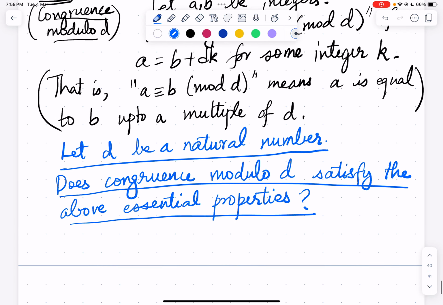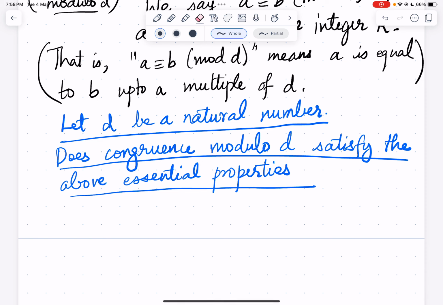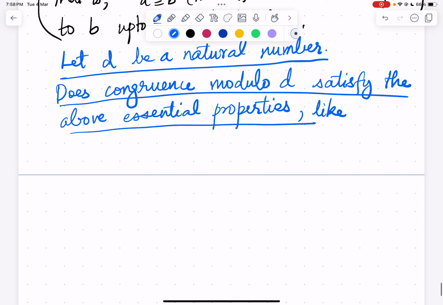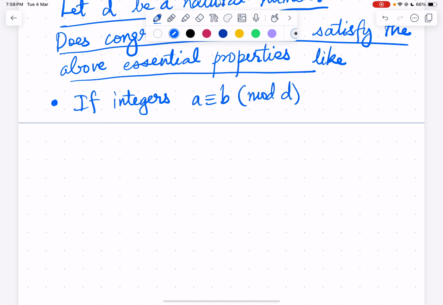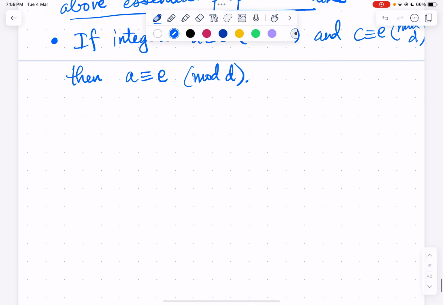So the essential properties I will state again. If integers, we want to be able to take chains of congruences: if a is congruent to b mod d and b is congruent to c mod d, then a is congruent to c mod d. We want this property.